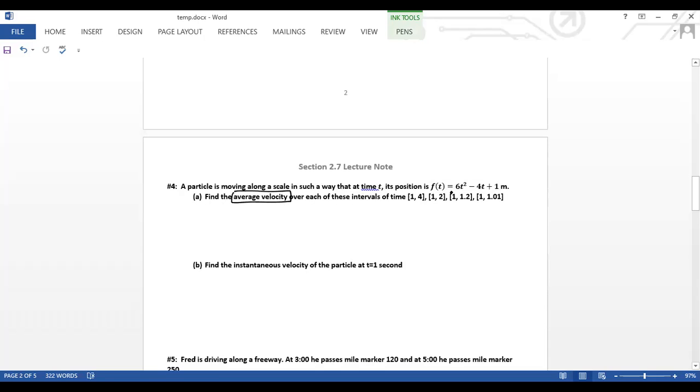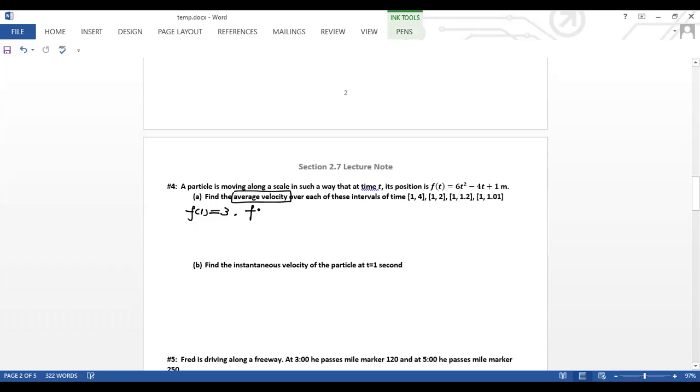So this is the position, right? When they start, f of 1, you put 1 in here. What is it? It's 3 meters. They did not say whether the time is in minutes or what, so when t is equal to 1, the position is 3.